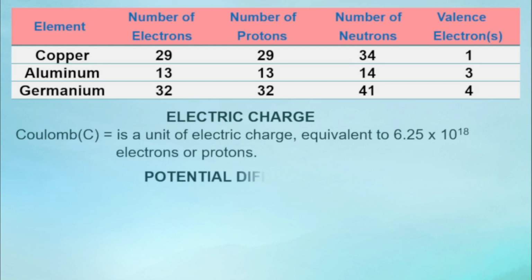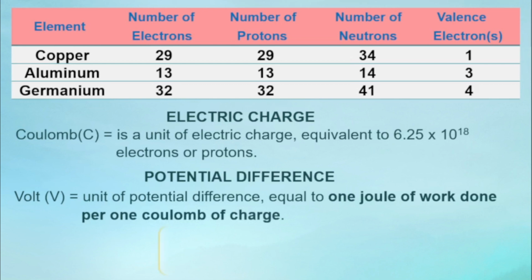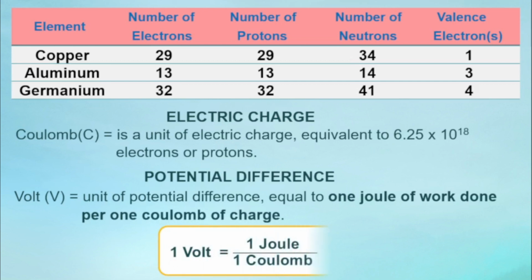Potential difference. Volt, a unit of potential difference, equal to 1 joule of work done per 1 coulomb of charge, or 1 volt equals 1 joule divided by 1 coulomb.